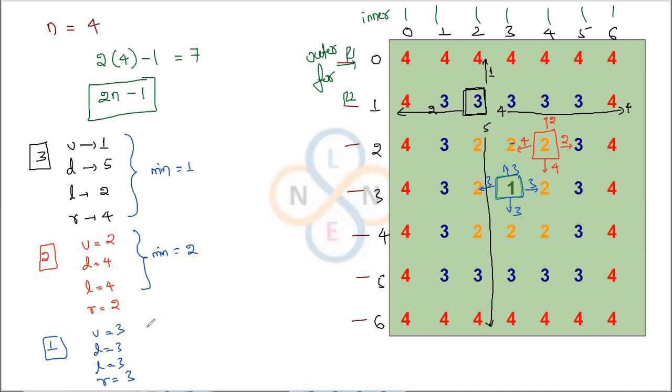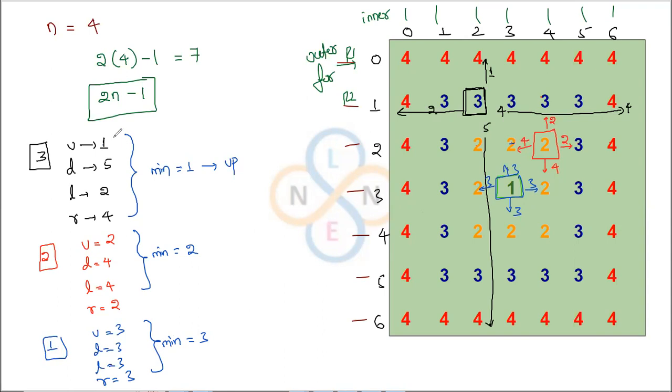Then out of these 4, the minimum value is 3. Correct? So which is representing that minimum value? This minimum value is represented by up. And this minimum value is represented by either upwards or right. So we'll take a common logic. And this minimum value is represented by any one of these.